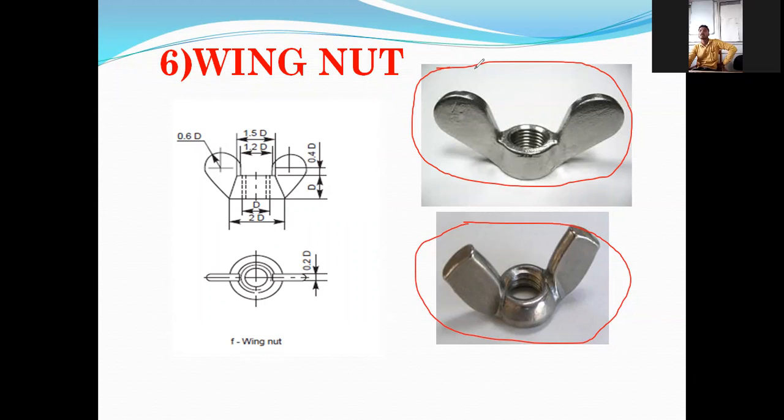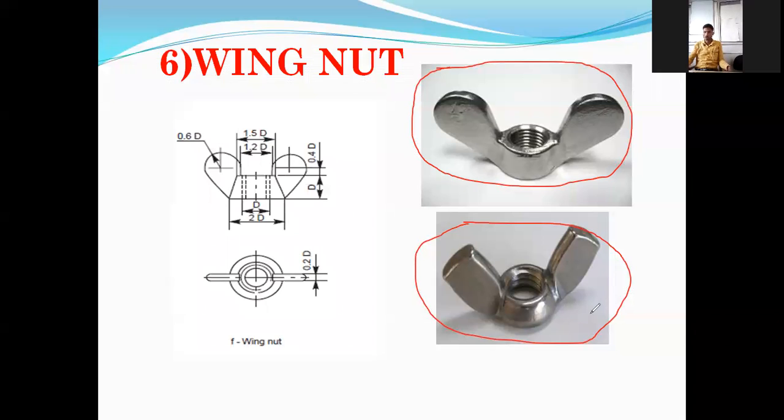Now, my next question: have you seen such type of nut in practical? Not exactly, but something like this, a nut that has wings on top. Somebody is giving an answer: sir, when one person cannot hold the pipe properly while cutting it, it is used to adjust it. Where? Hacksaw.